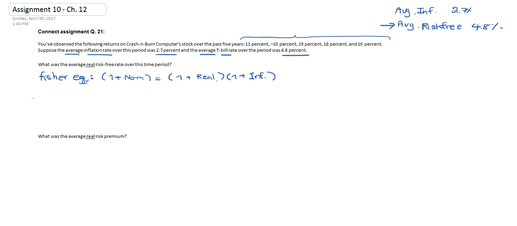With this information we already have the nominal return, which is the average risk-free rate.